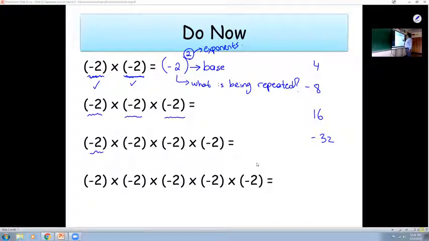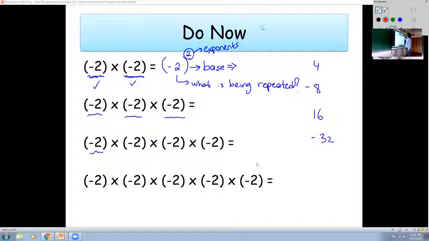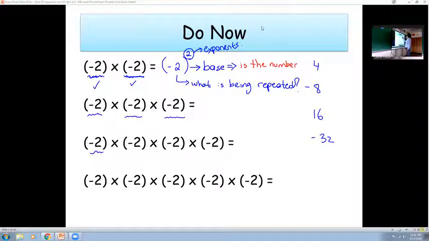So what do base and exponent tell us? Let's try to understand what it means. What it means is this: base is the number being repeated. As you see, which number is being repeated? -2, -2.